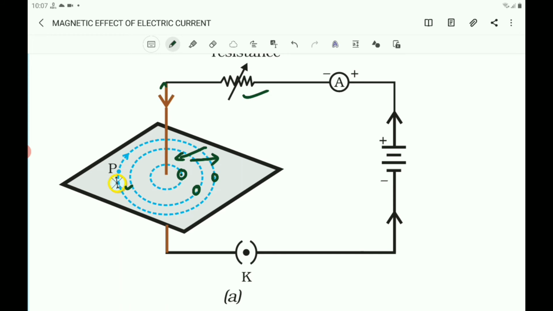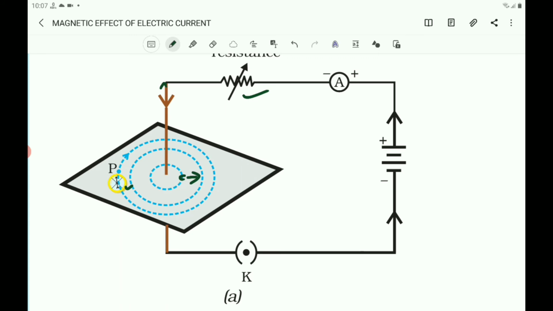The concentric circles representing the field lines around a current carrying straight wire become larger and larger as we move away from the wire. See here, the first circle is smaller, and as you move away from the copper wire, the circles become larger and larger. It says that the magnetic field goes on decreasing.